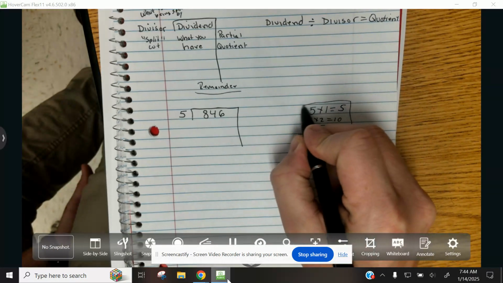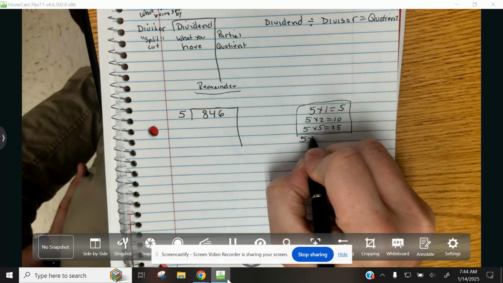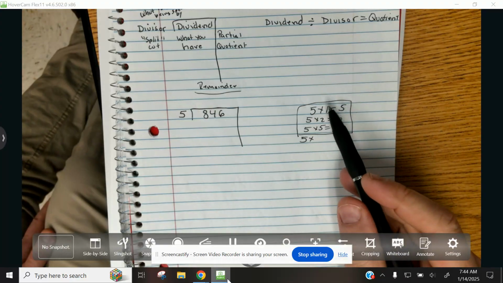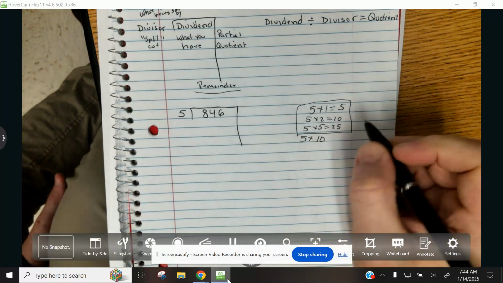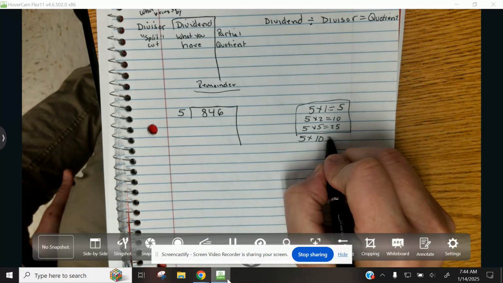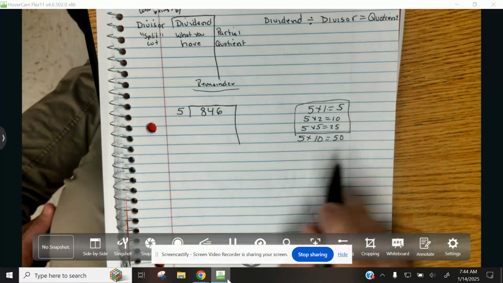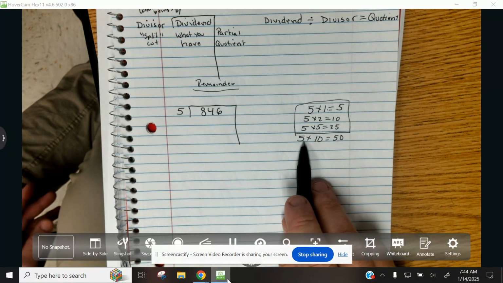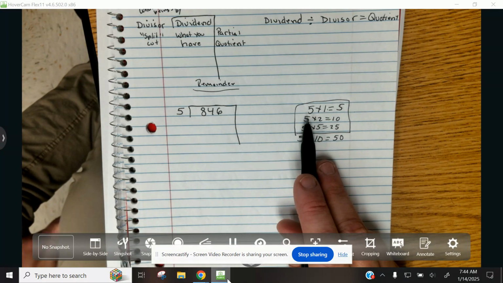So I'm going to put them in a little box, and I'm going to start my next set of numbers. What's cool about this is your next set of numbers are just going to be 10 times larger than the first set you used. Now you're going to use 5 times 10. Notice all I did was put the 0 on there. All I did was make it 10 times larger, which now makes your answer 10 times larger. So 5 times 10 is 50. Again, this is pretty easy knowing it's a basic fact. If this number was 27, we wouldn't be able to do it as easily.